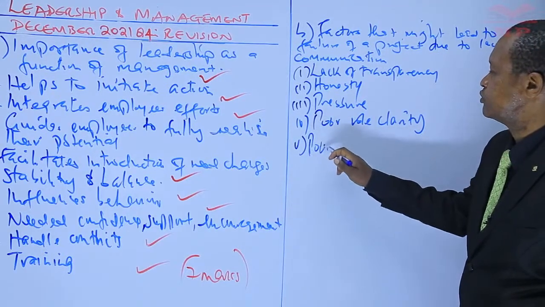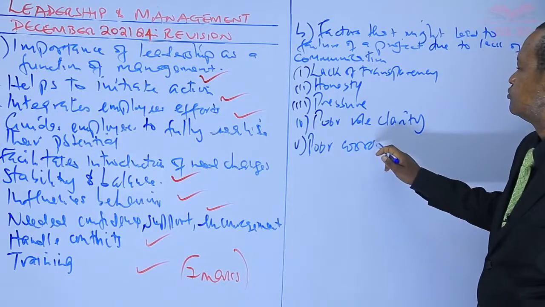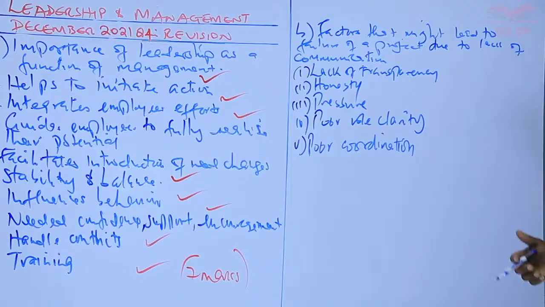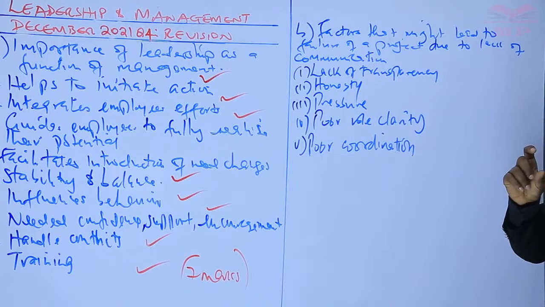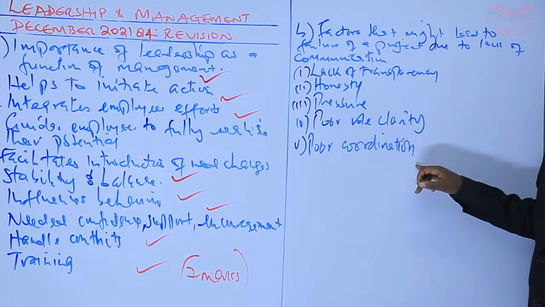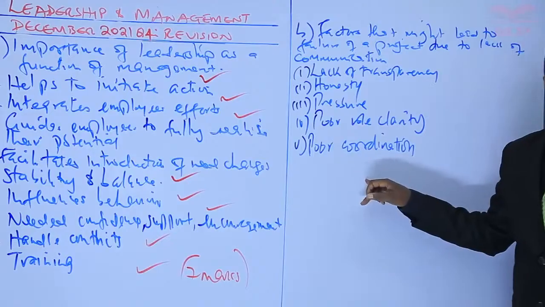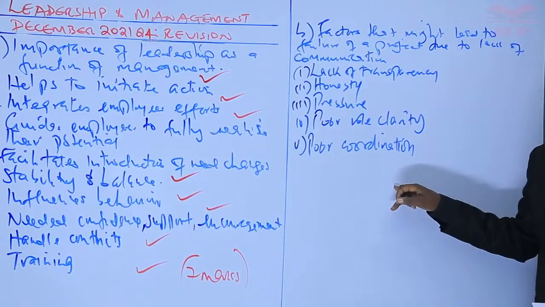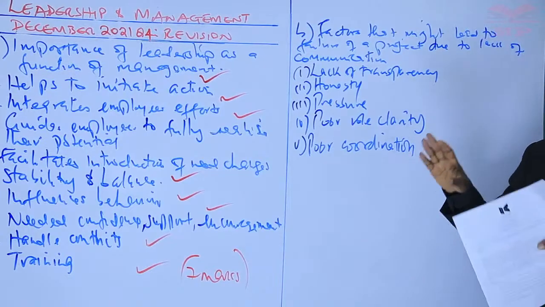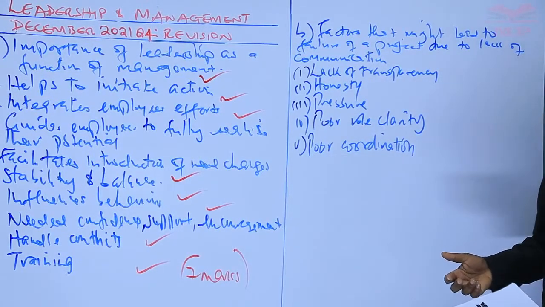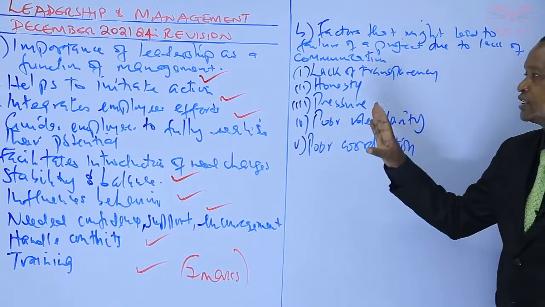Number 5, poor coordination. Poor coordination is another organizational rooted problem where chaos may occur as a result of lack of proper coordination of the tasks. Because coordination leads the stakeholders to undertake their responsibilities in the manner required at the right time through the correct channels that are indicated before the project is initiated.